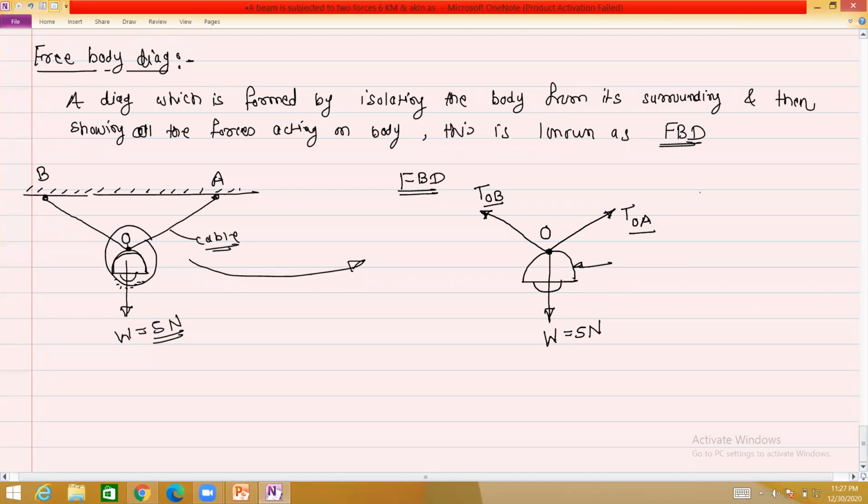Then we can use the conditions of equilibrium, that is summation of forces in the x direction 0, summation of forces in the y direction 0, and summation of moment equal to 0. By using these three conditions, we can find out the unknown forces, that is tension OA and tension OB. So this is called a free body diagram.